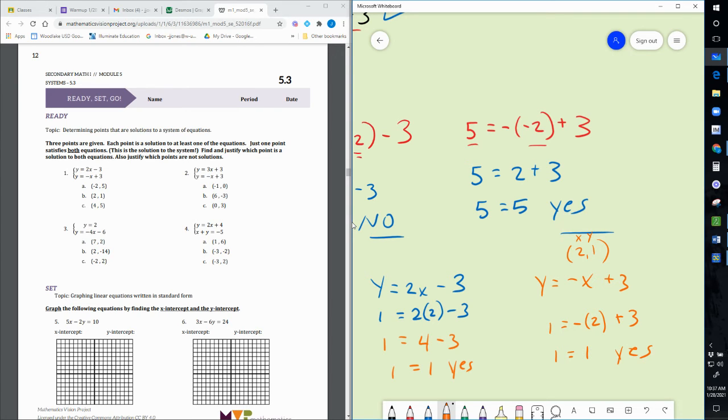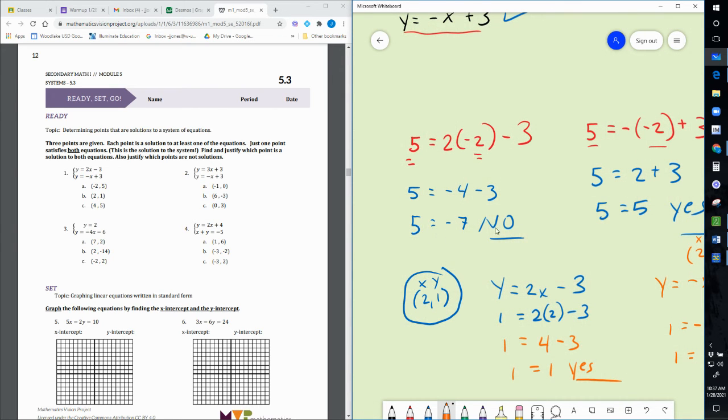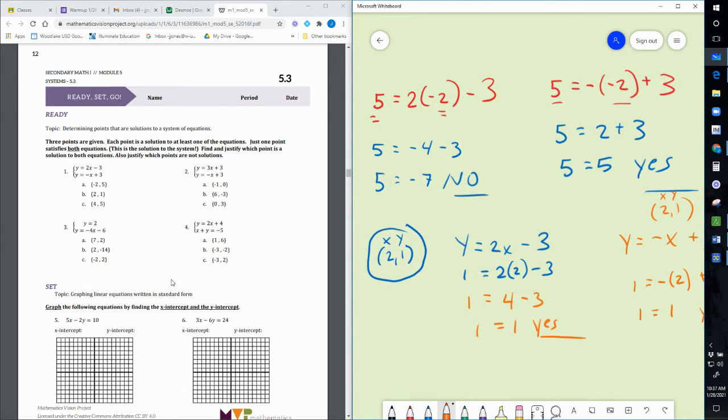This is also a yes. So we're able to show that indeed, the point 2, 1 does fit. This might take you a little bit of time, because you're going to have to test all 3 points, because it says justify which points are not the solution. Once you get one no, that's already your justification.